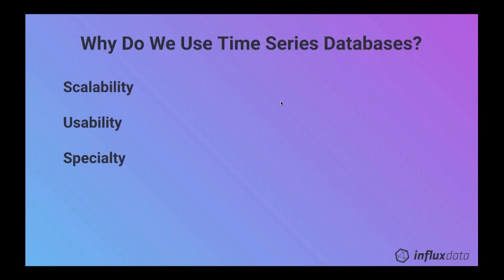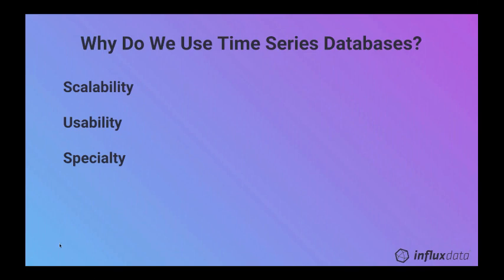We need to make sure that our time series database has specific usability features that enable us to query, collect, and analyze our data more easily. And it needs to be a specialty database for time series data so that it can handle that type of ingest. Make sure that we have the proper replication of our data so that we don't lose any of our data in the event of failures.